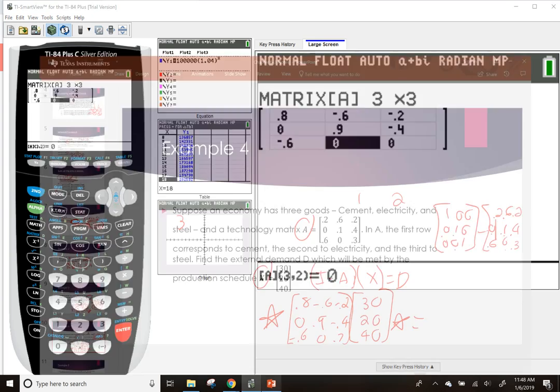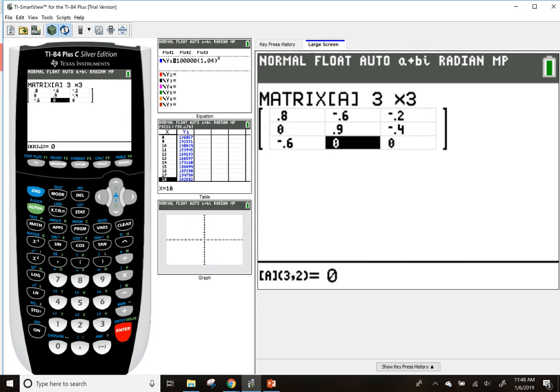Let me double check that. Yeah, 0 and then 0.7. 0 and 0.7. So have that in there. That's matrix A. I put that in for matrix A.